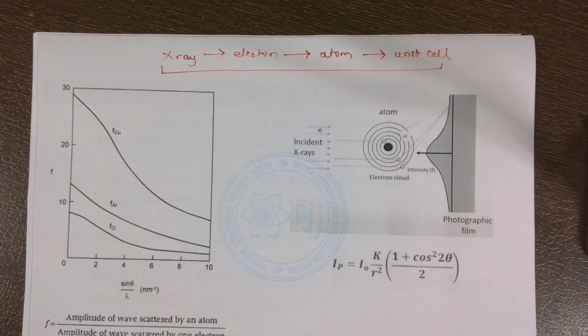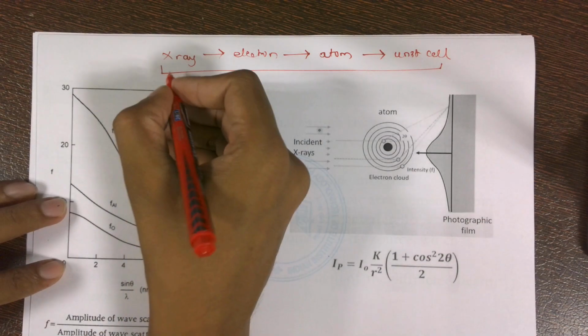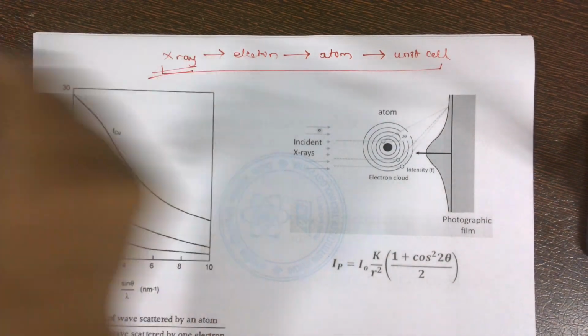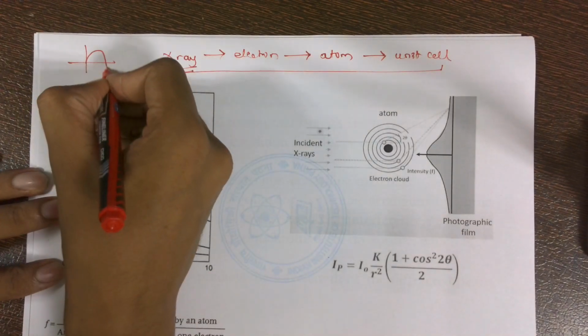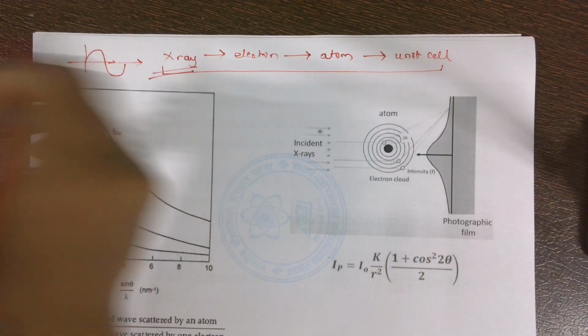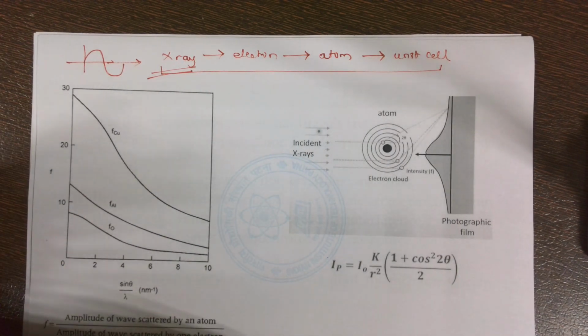So we discussed two things. There is something known as Thomson scattering and something known as Compton scattering. The Thomson scattering is like this: X-ray is an electromagnetic radiation. It has an electric field, something like this, right? Now, the electron is also a wave.